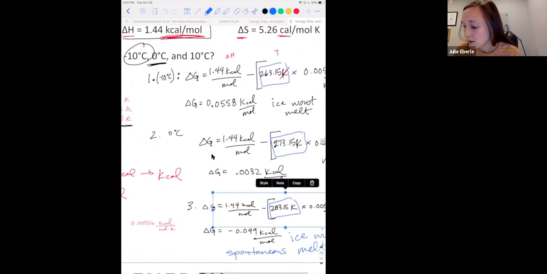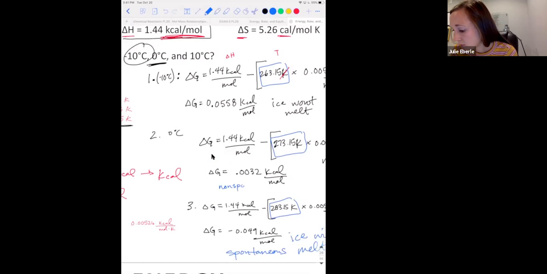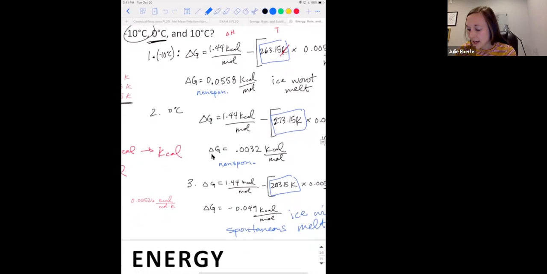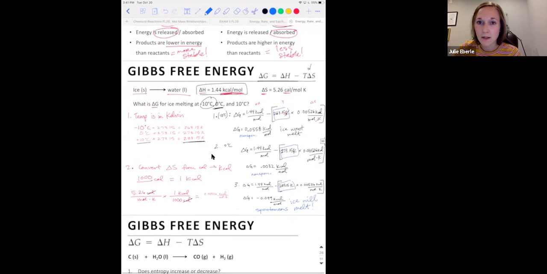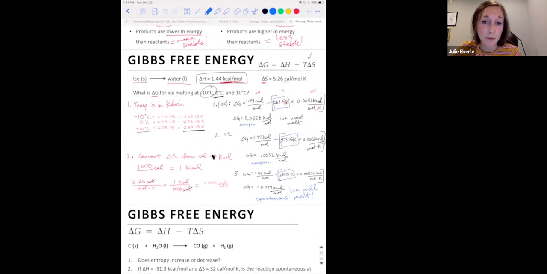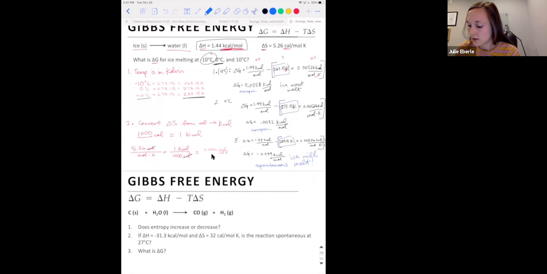These up here, these delta G's, because they're positive, these are, I'm going to abbreviate, non-spontaneous and non-spontaneous. But when you have a negative delta G, that reaction will happen, okay? You can directly look at the sign of delta G and know. Delta H and delta S just contribute to getting your delta G, okay?